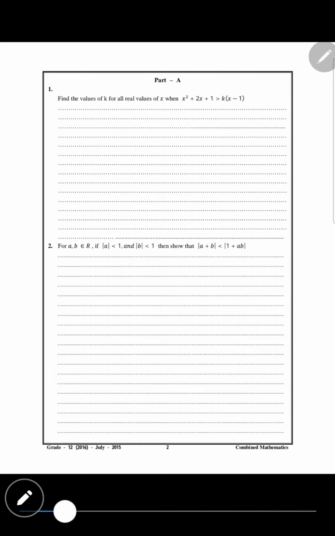So that is the question. Find the values of k for all real values of x, which means x in this inequality must be real. Let's simplify this.